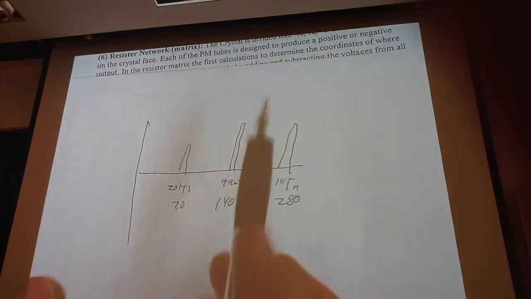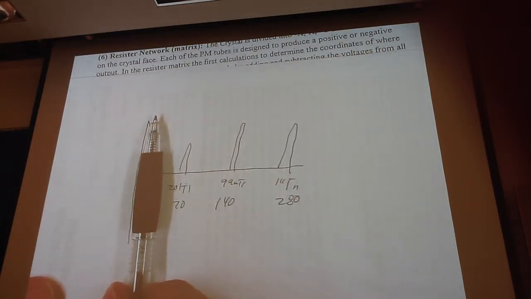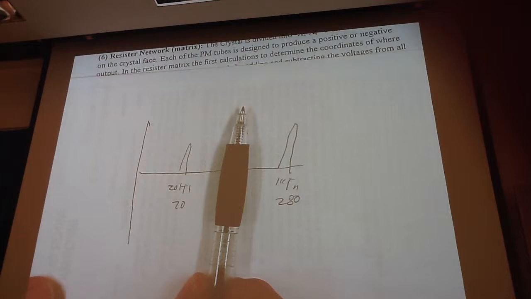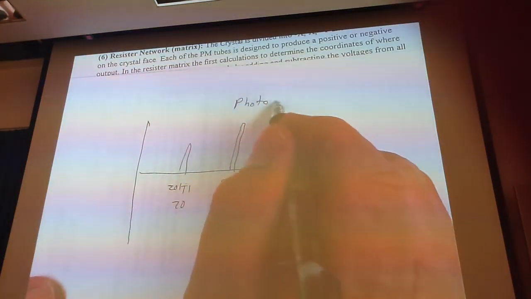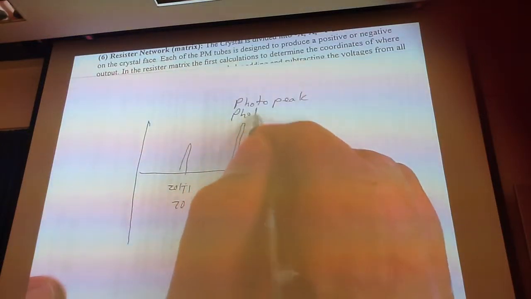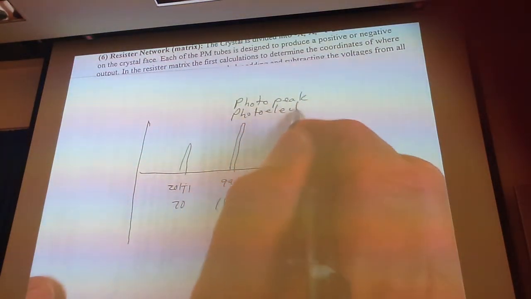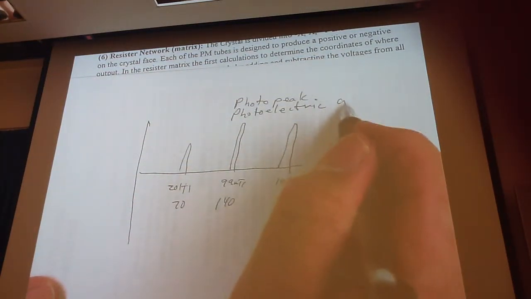When you push the selector button for that, the amplifier will automatically adjust and find that peak, because that's your highest voltage pulse. Remember, this is called the photo peak because what type of interaction has occurred? Yeah, photoelectric absorption. So all of the energy of the photon was absorbed by the crystal.